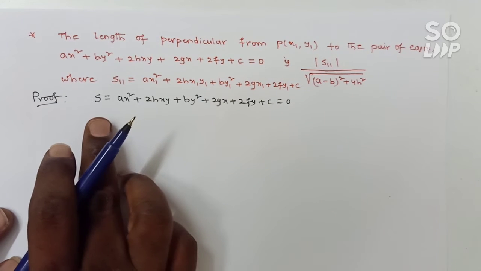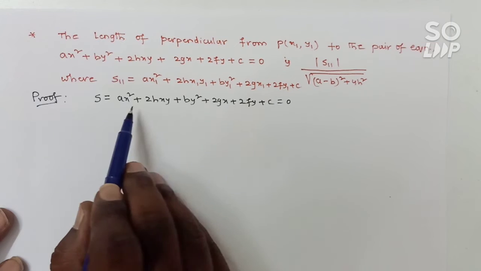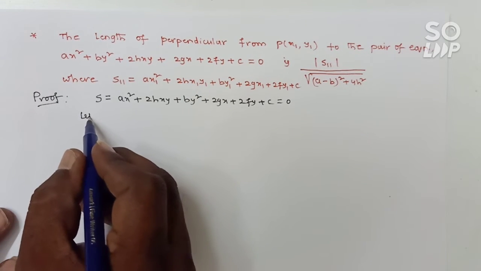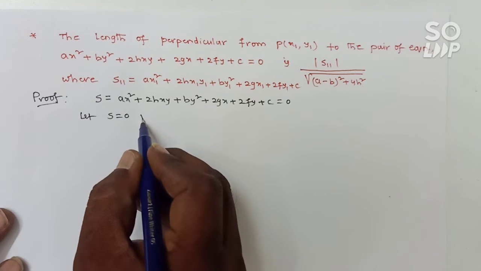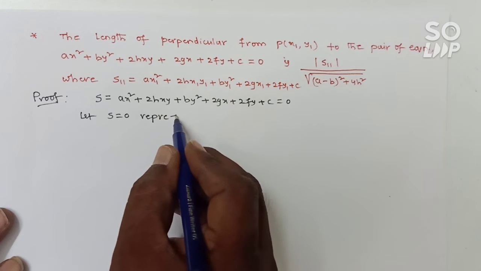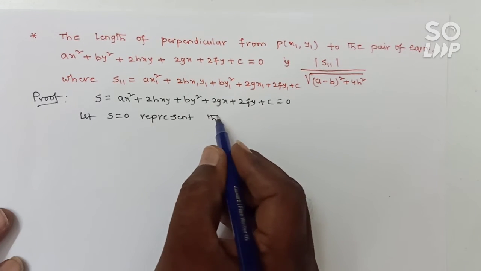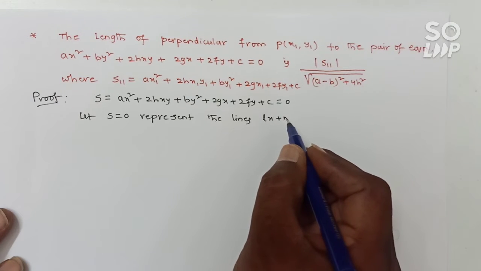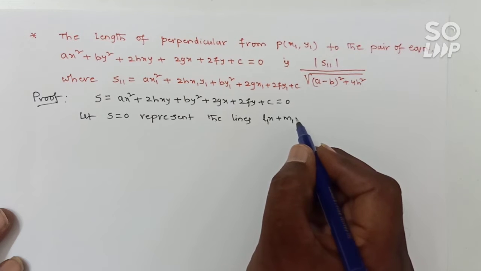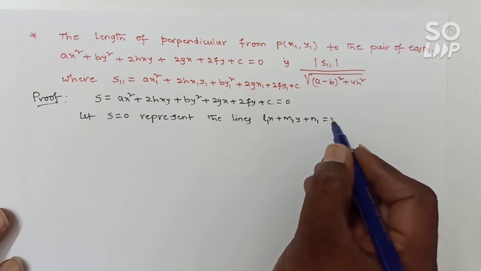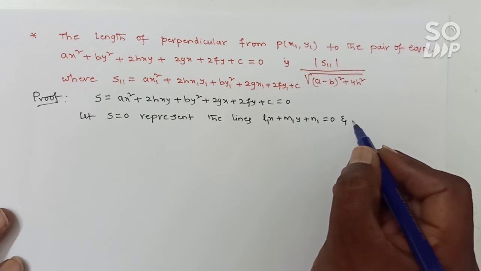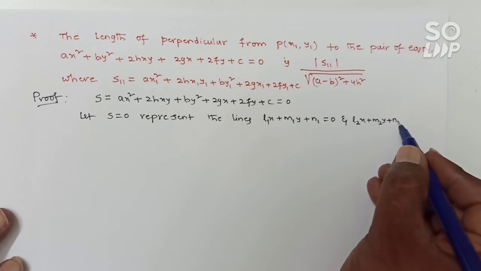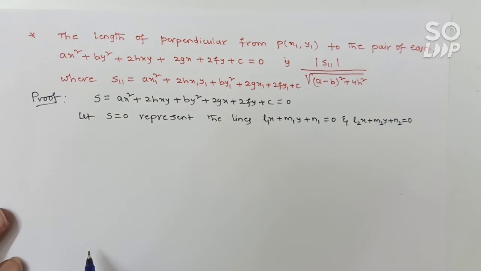That's why now you consider S equals 0. Let S equals 0 represent the lines L1 into x plus m1 into y plus n1 equals 0, and the other equation is L2 into x plus m2 into y plus n2 equals 0. This one is the second equation.